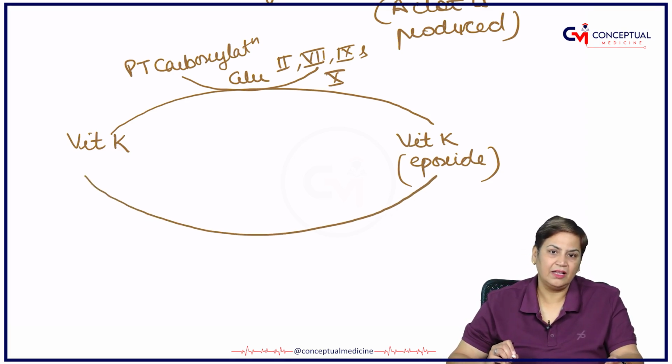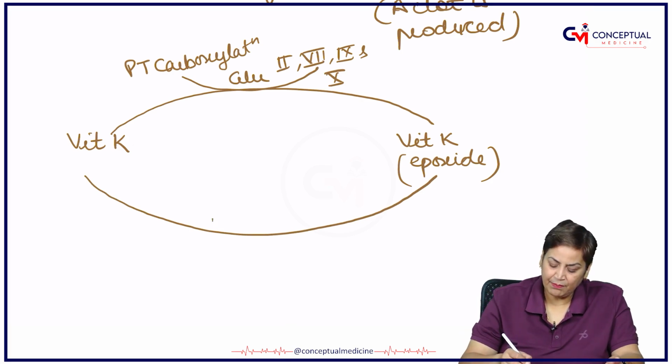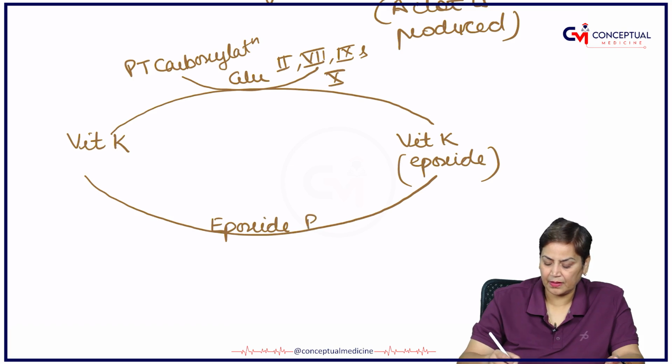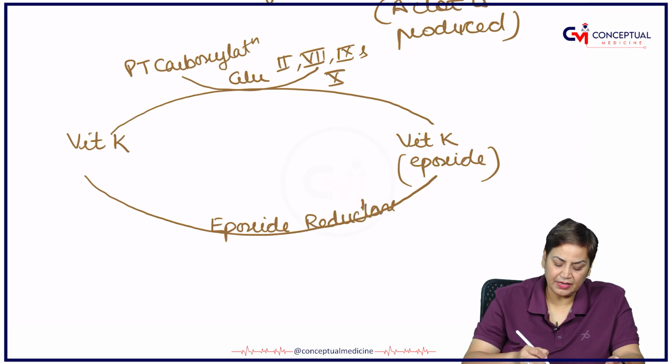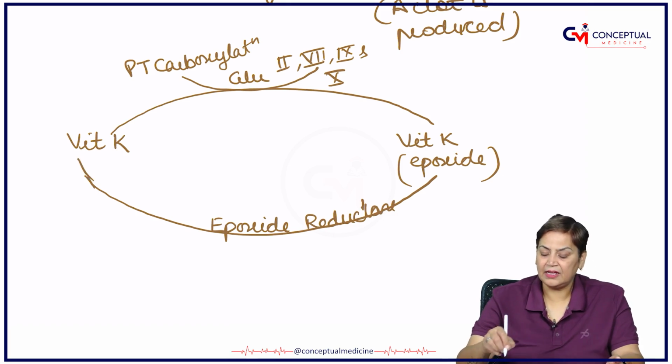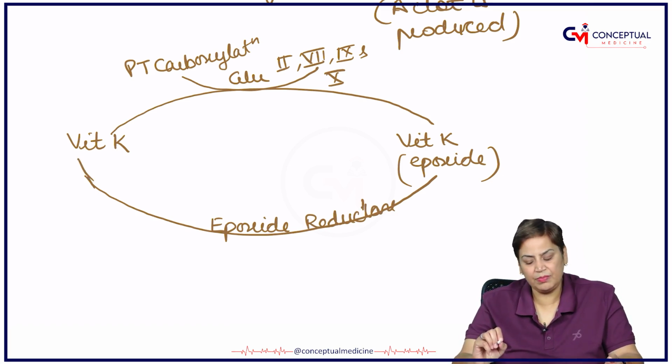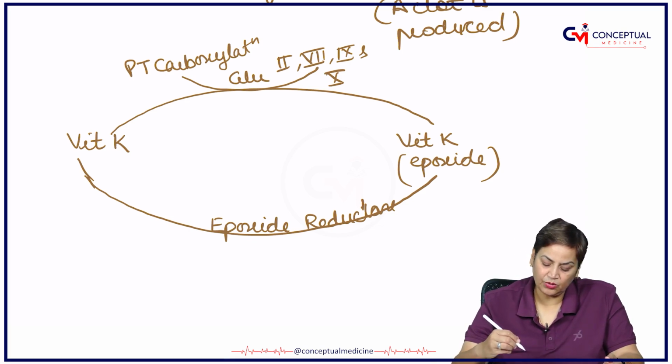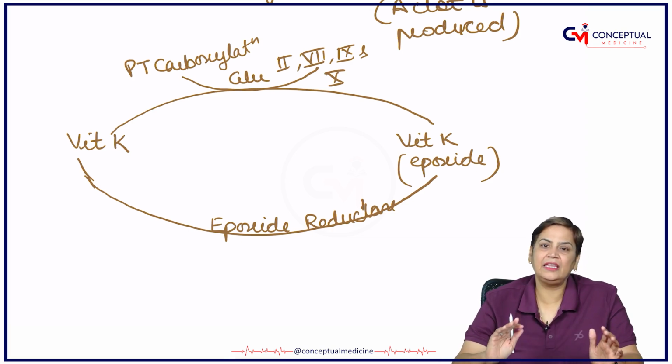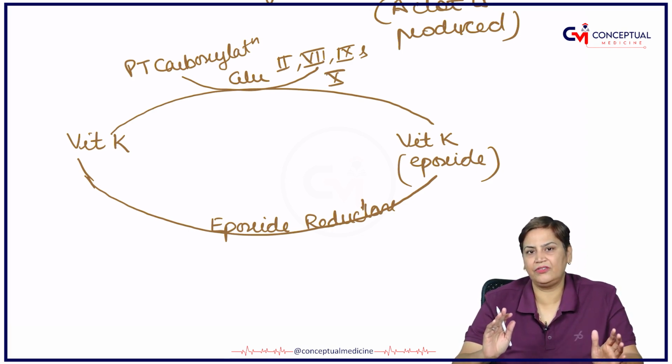So here the enzyme is epoxide reductase. So there exists a cycle: vitamin K, while catalyzing the carboxylation, is converted into vitamin K epoxide, which is converted back into vitamin K in the presence of epoxide reductase.